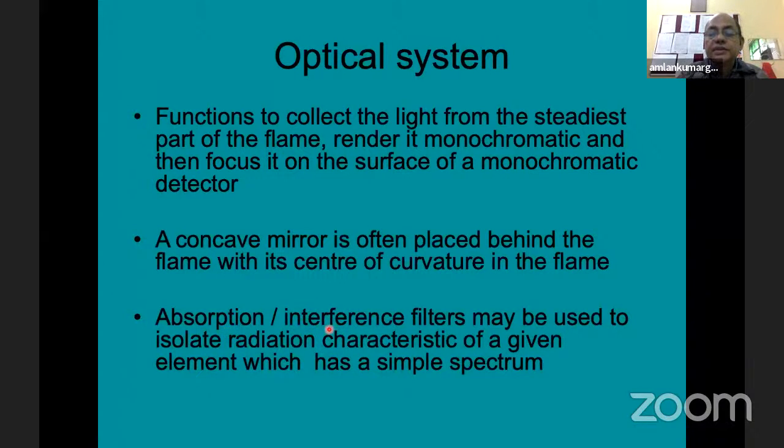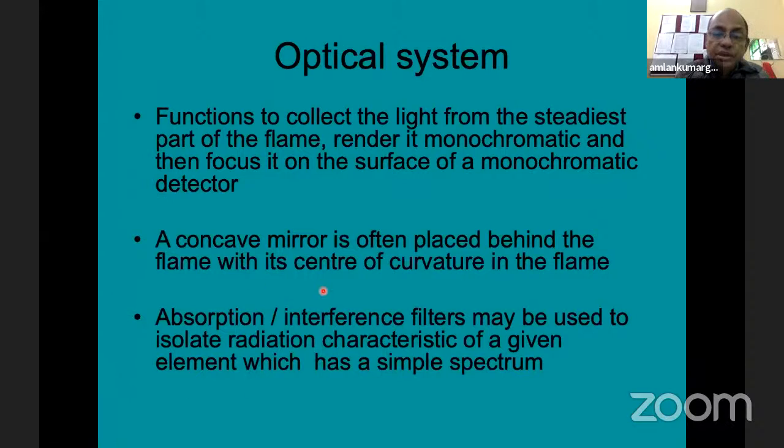Whereas interference filters work by the process of constructive and destructive interference. That means when light waves come and pass through a small hole, at the different edges there will be interference, and this interference could be constructive or destructive. If it is constructive, it will be enhanced. If it is destructive, the waves will be destroyed.